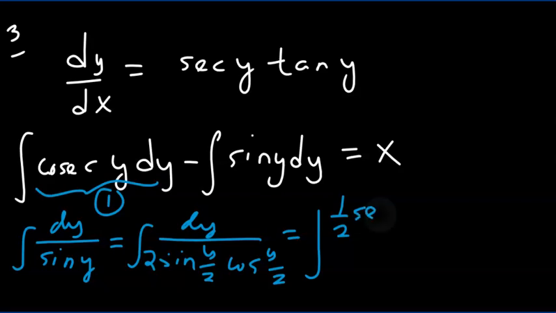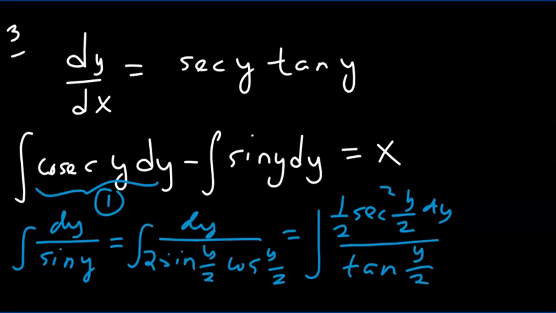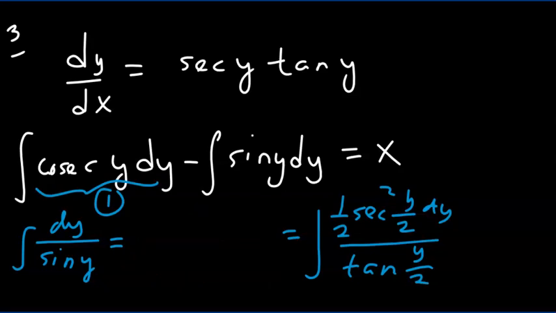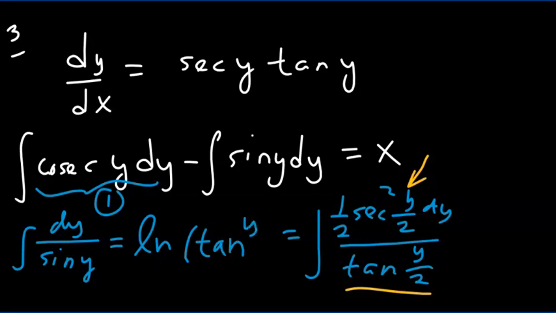We have secant squared y over 2 dy over tangent y over 2. You immediately see that the numerator is the result of differentiating the denominator with respect to y. So immediately you see the answer will turn out to be the natural log of the denominator, which in this case is tangent y over 2. And that's the answer.